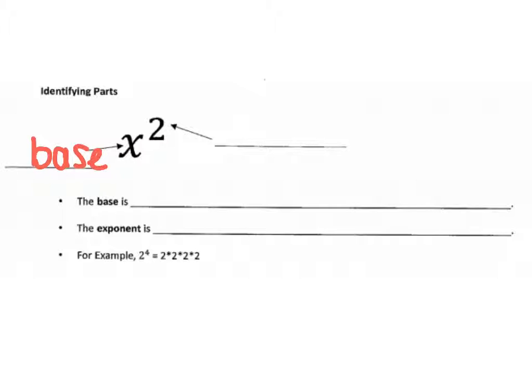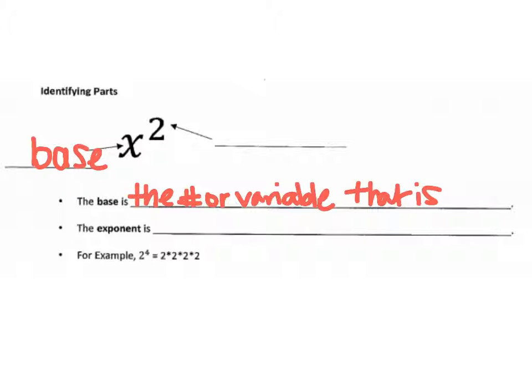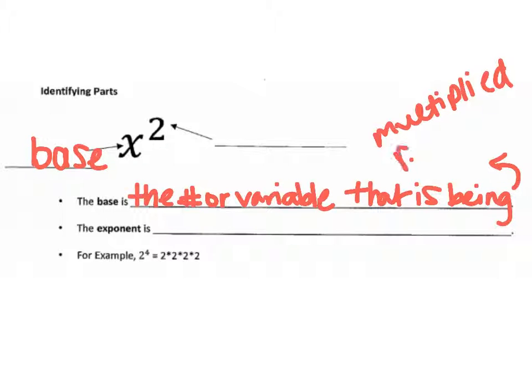Okay, the base is the number or variable that is being multiplied. It's being multiplied repeatedly.